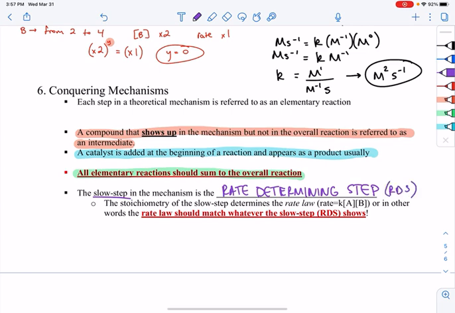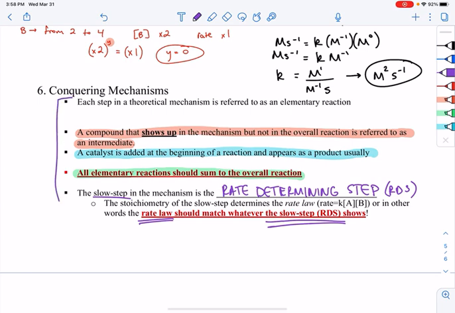RDS. Super important. The stoichiometry of the slow step determines what the rate law is. So whatever the rate law is, it's going to be determined by whatever the question says is the slow step. Rate laws look like this, remember? Whatever rate law you end up writing, it should match whatever the slow step is.